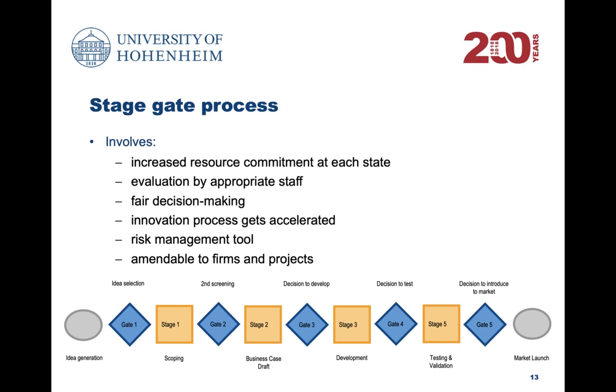Now let's look at the stages. If we go from stage to stage, as I already mentioned, from stage to stage you need more resource commitment. So we start maybe with a very low resource commitment in stage 1, increase it to stage 2, increase the resource commitment from 2 to 3 as well, from 3 to 4 as well, and from 4 to 5 as well.